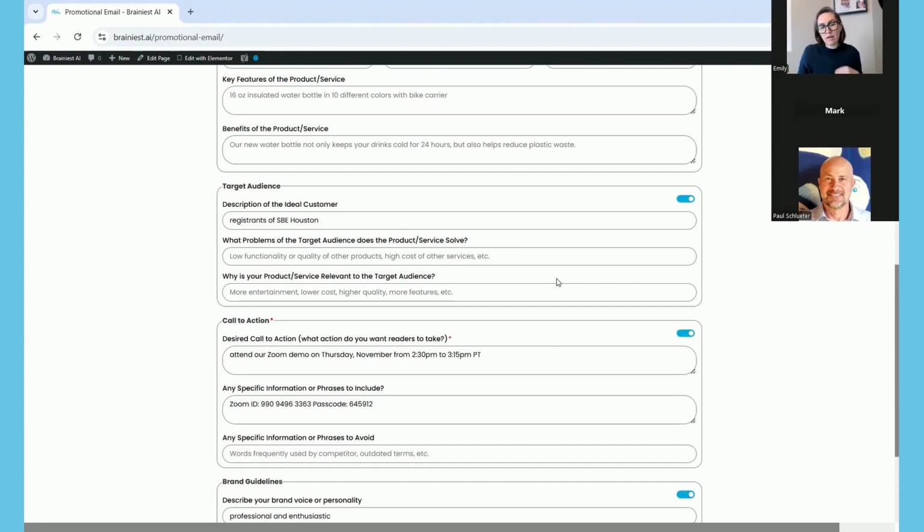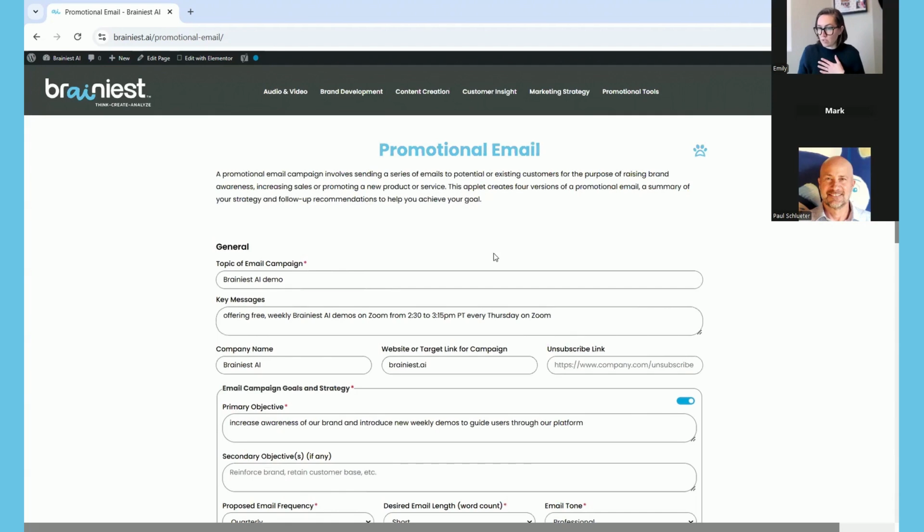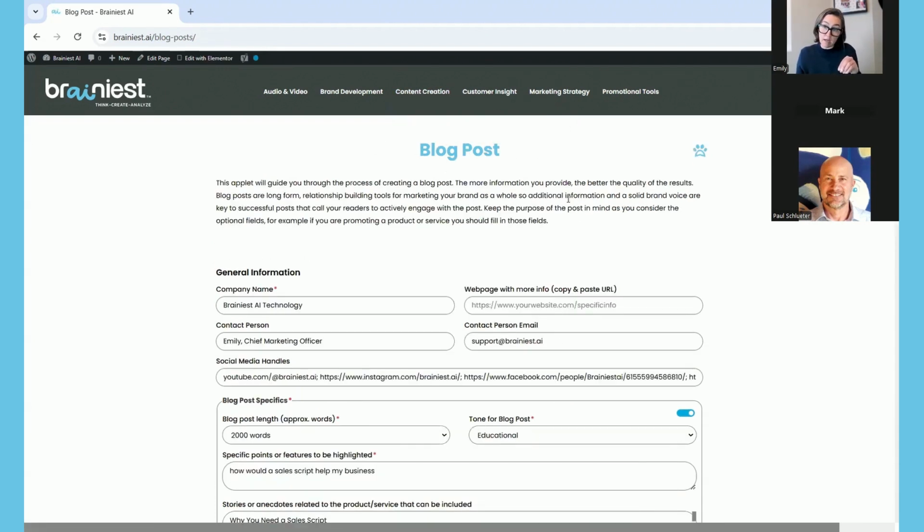The other great thing for me personally when using our product is, this will tell you what a control freak some of us are, like me too. I would prefer to separately do my text and then have more control over my image generation. Because in my experience, even with writing our blog posts, so we have a blog post applet, I talked about this extensively last week. You should be able to find that demonstration on our YouTube channel.